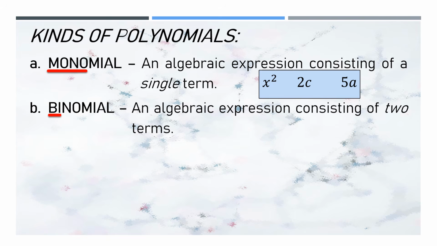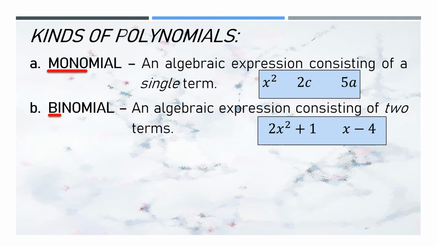Okay, here's an example of binomial: 2x squared plus 1, or x minus 4. As you can see, dun sa 2x squared natin, 2x squared is the first term and positive 1 is the second term. So 2x squared plus 1 is an example of binomial. X minus 4, x is the first term and negative 4 is the second term. Therefore, x minus 4 is also an example of binomial.